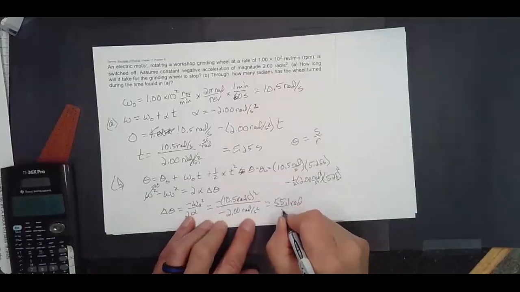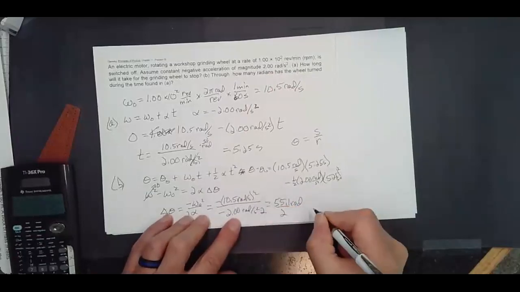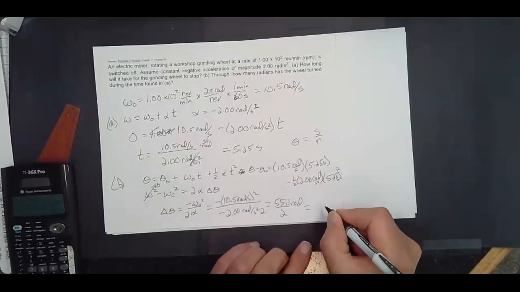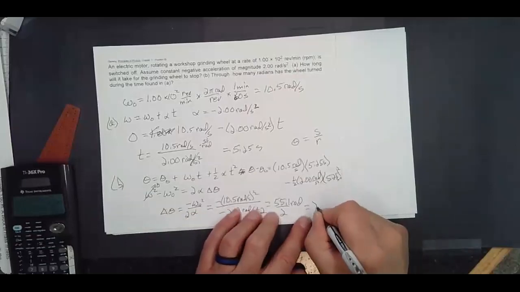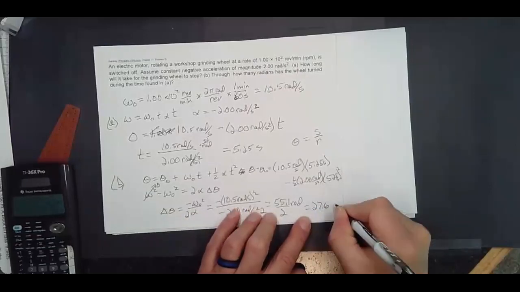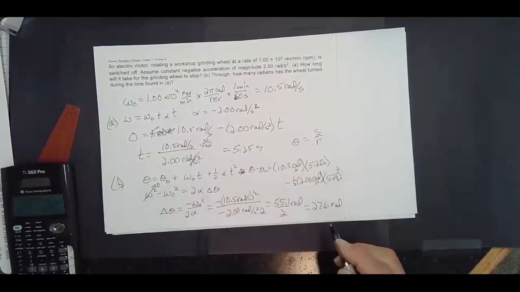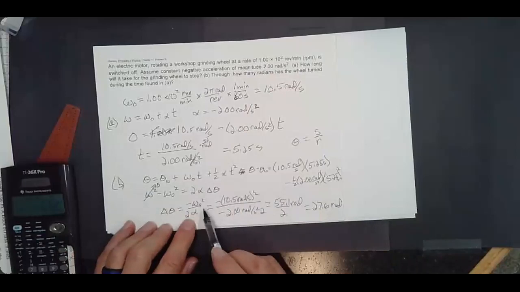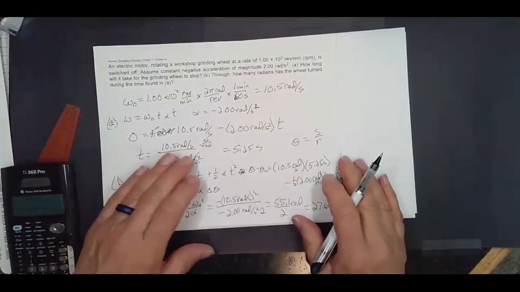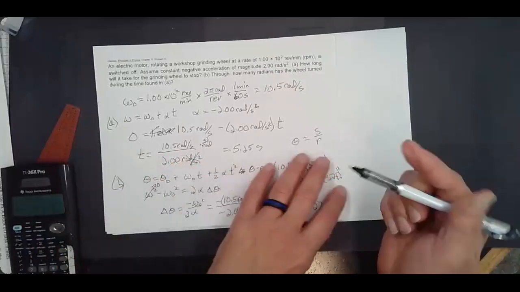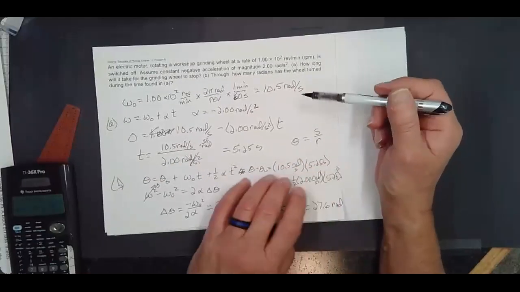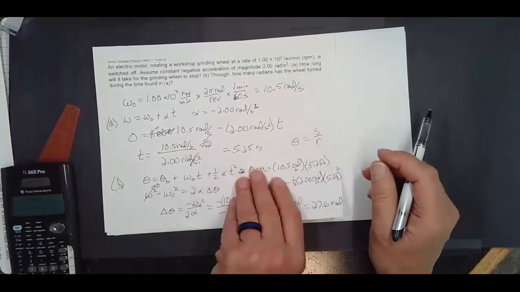That's the problem. So it's actually 27.6 radians. That one didn't come out the same until I remembered it was supposed to have a 2 on there. Okay, so there's our first problem, actually plugging in some of this stuff.